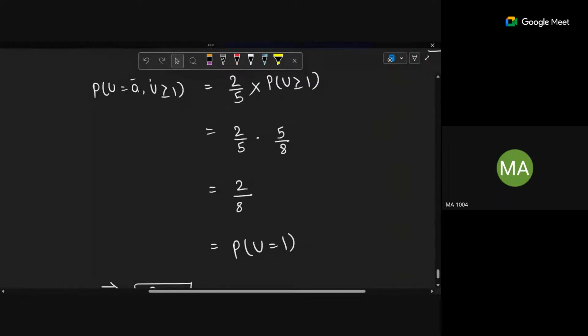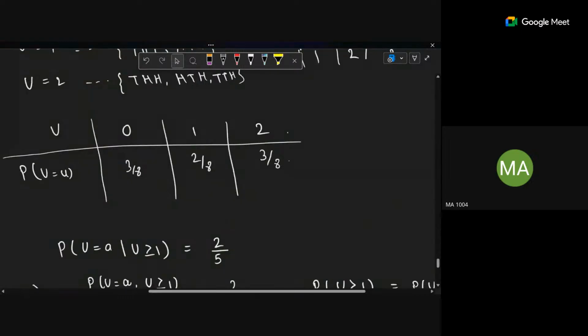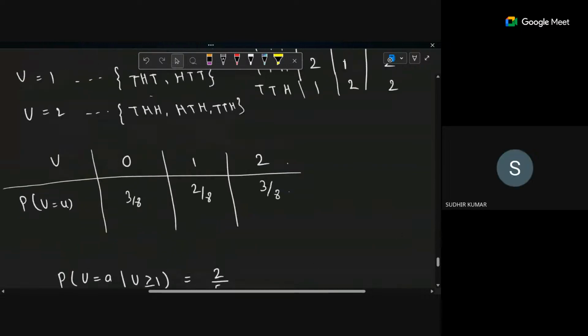And this is the probability of U taking value 1 whenever U is greater or equal to 1. So just check the table. Whenever U is greater or equal to 1, which PMF is giving you the value 2 by 8? It was nothing but this, U is equal to 1. Okay? Yes, ma'am. Thank you.